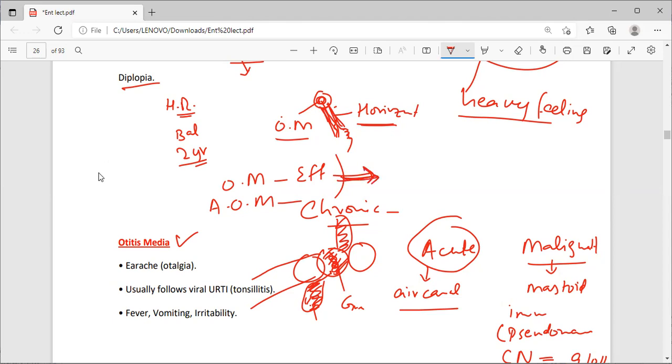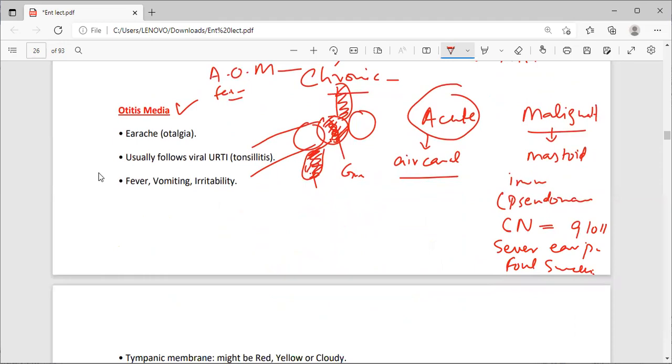Both will present with fever and pain, but both will have conductive hearing loss, because there will be obstruction in the ear and air cannot pass efficiently, rather bone can pass efficiently to the inner ear. So bone conduction will be greater than air conduction, so you will have conductive hearing loss.